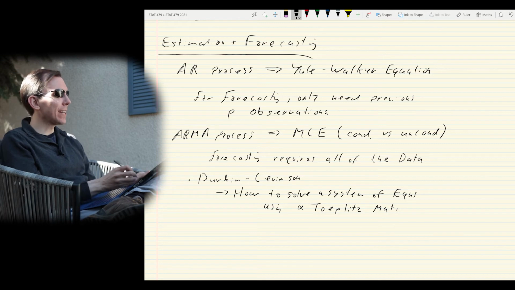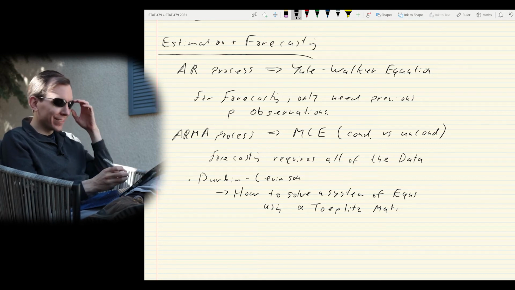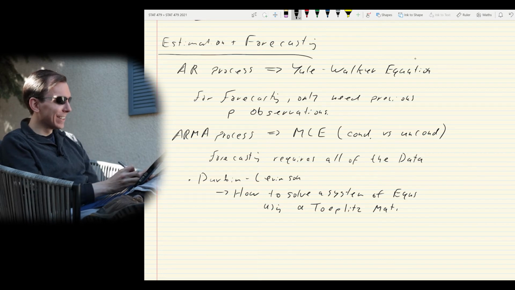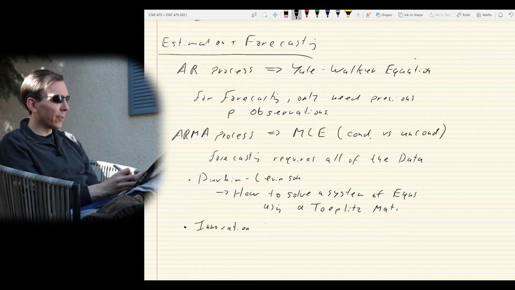We also looked at the innovations algorithm.